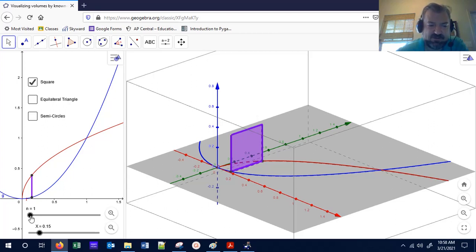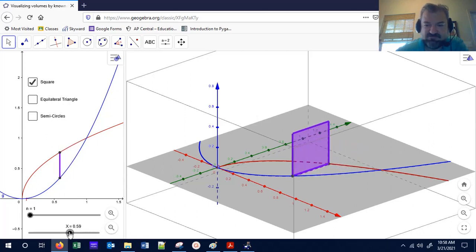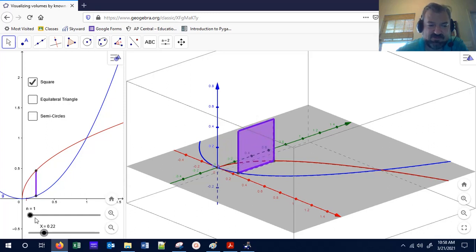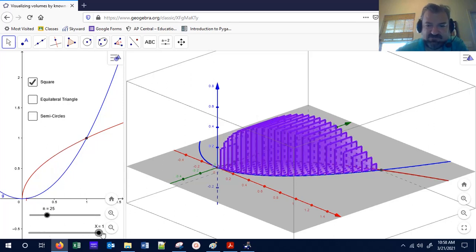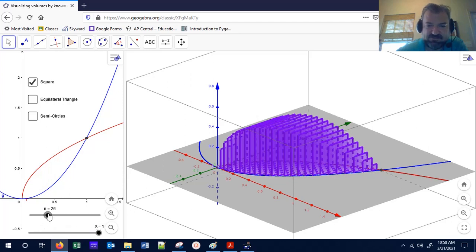This is showing one square, and I can move this to different places, and you can see that at each specific location, the square is a different size, and shrinks down to nothing. So this actually makes a real solid. And as we increase the number of squares, you start to see this figure get drawn out and filled in.